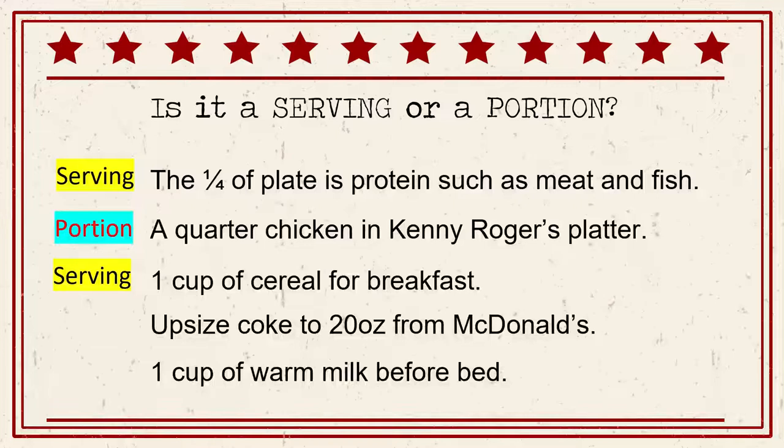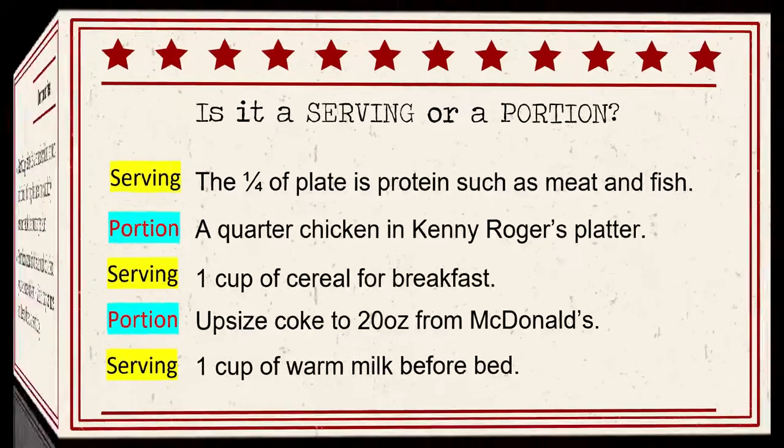Energy-giving food in the morning to start the day right should be 1 cup of cereal. Next, we have portion. An upsize of Coke to 20 ounces is beyond the sugar required per day. Next, we have serving. School-age children require more protein for bodybuilding. That is why a cup of warm milk before bed is considered a serving.